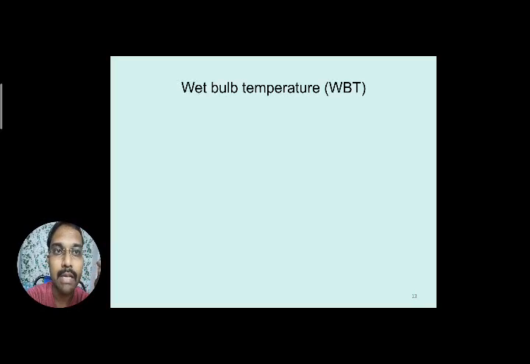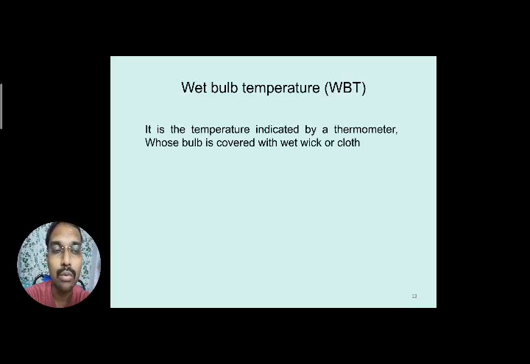In the same similar case, what is wet bulb temperature? Most of the times these two terminologies are repeated again and again: DBT and WBT. WBT means wet bulb temperature. It is the temperature indicated by a thermometer whose bulb at the end is covered with a wet cloth or wet wick.